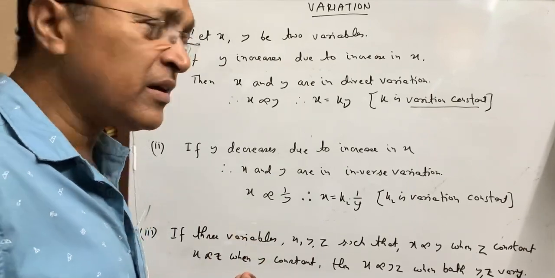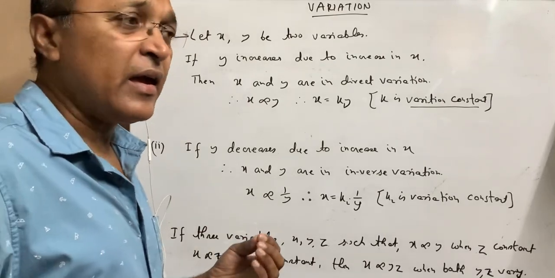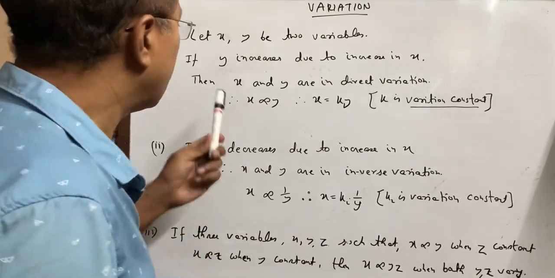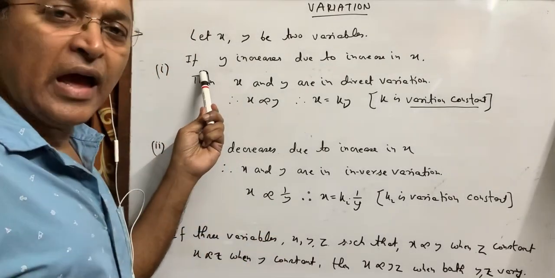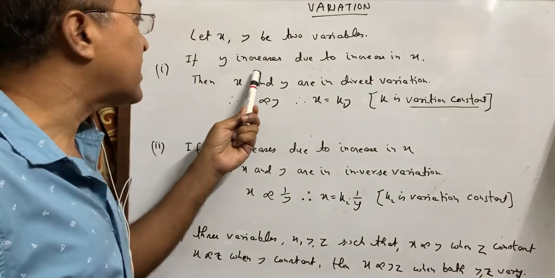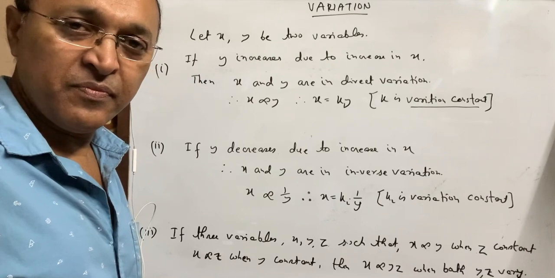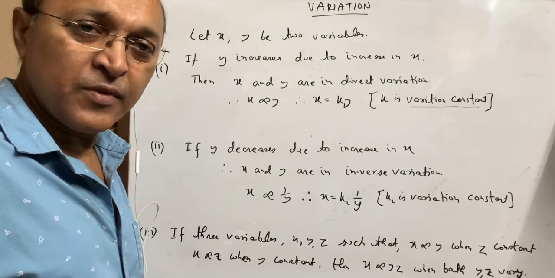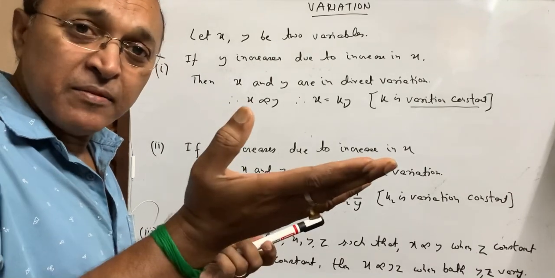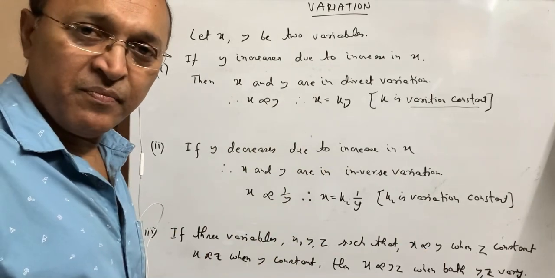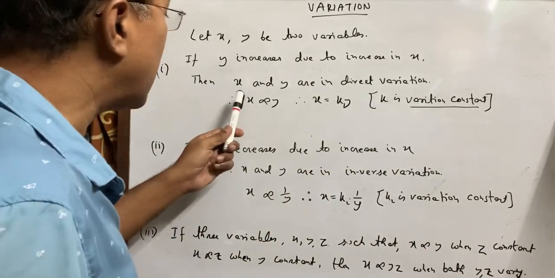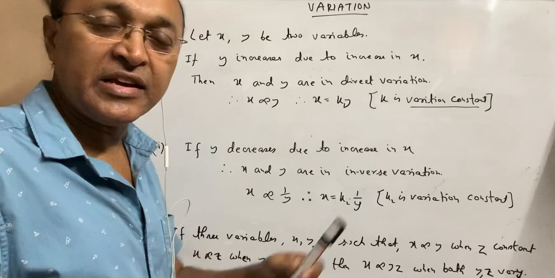Now we are considering two variables here, x and y. If it is found that y increases due to increase in x, that is, when x increases, y also increases, then x and y are in direct variation.